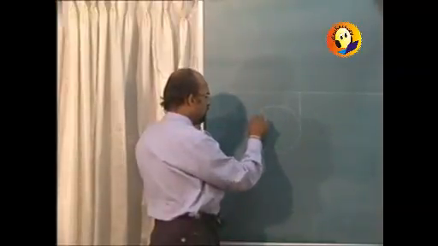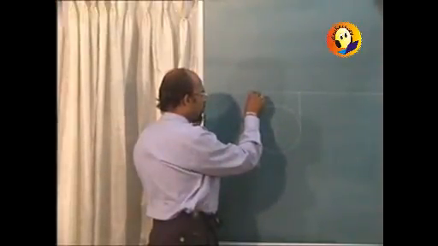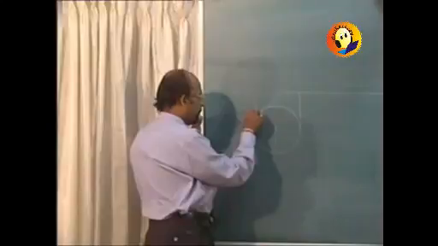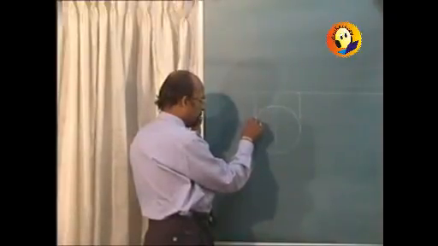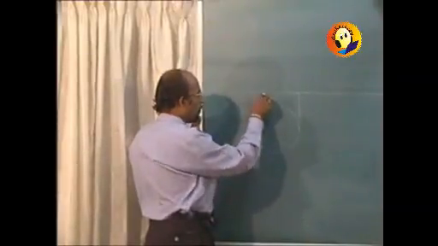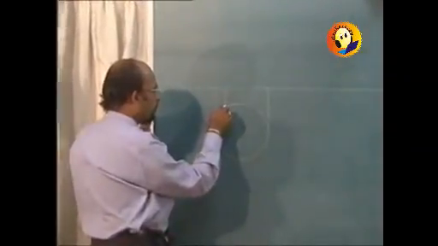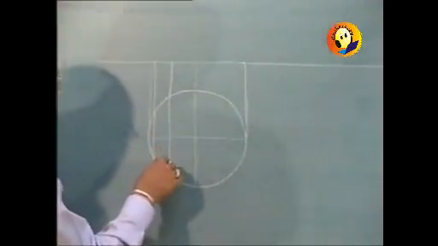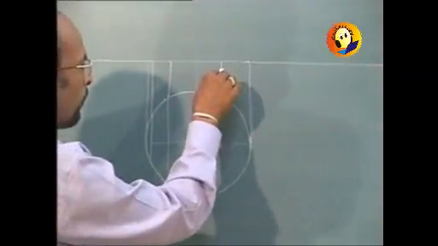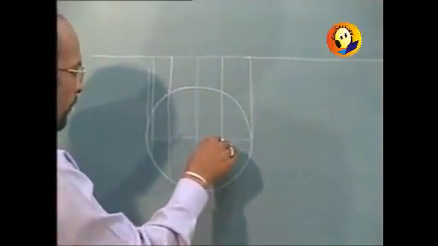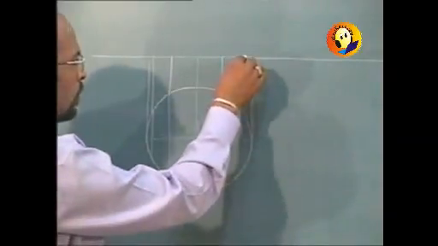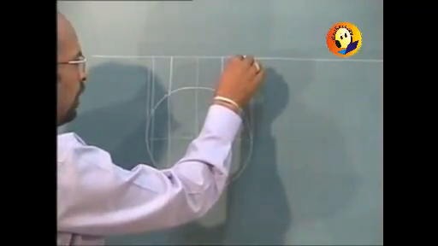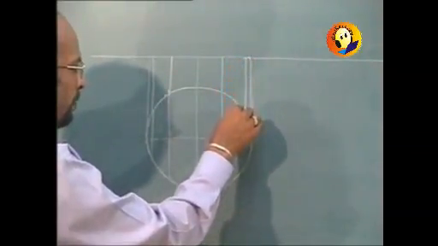So the circle is divided into 12 parts, and all of them should be numbered.